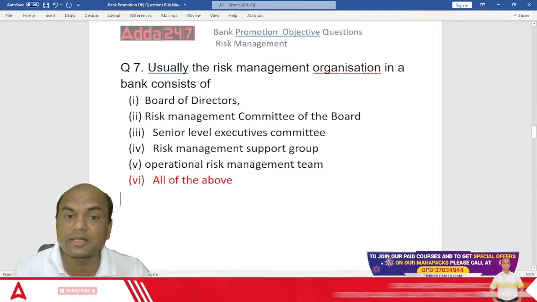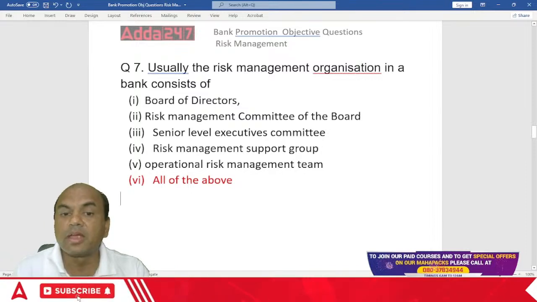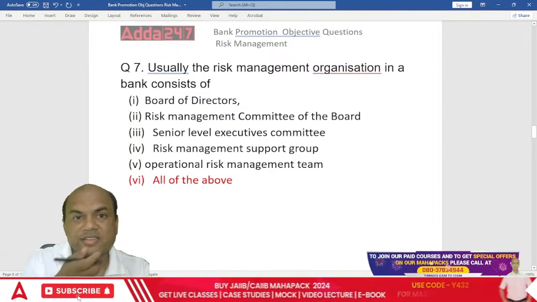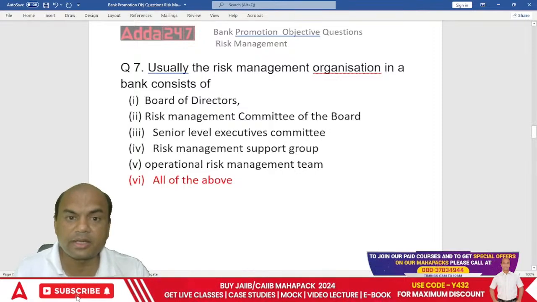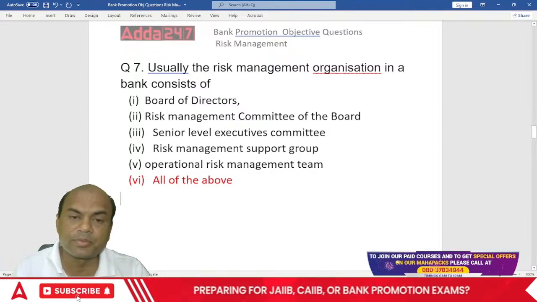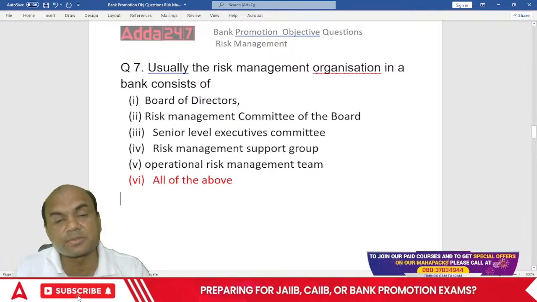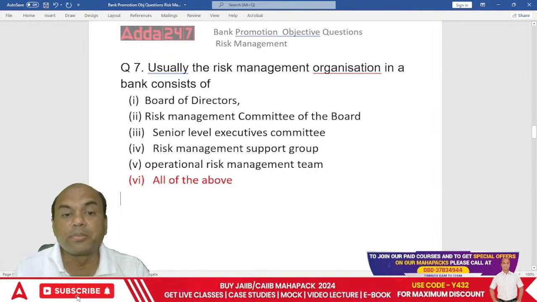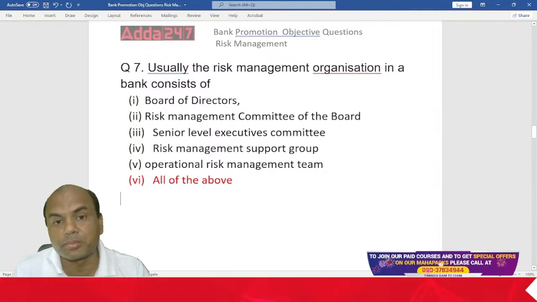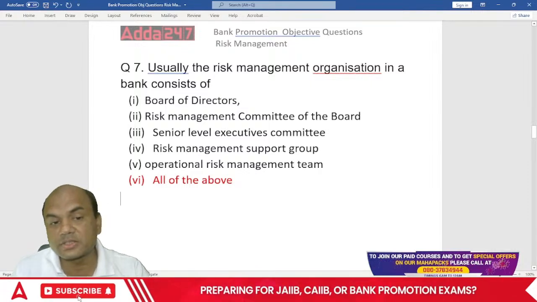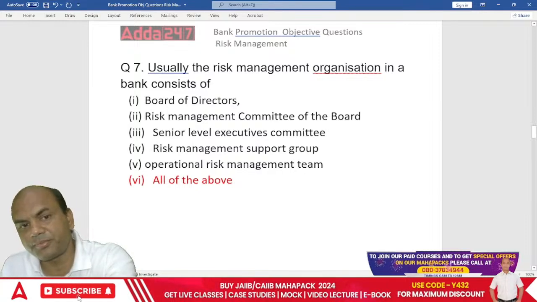Below the RMCB there is a senior executive level committee, and then below that we have 3 other committees: CRMC, ORMC, and ALCO. CRMC means Credit Risk Management Committee. ORMC means Operations Risk Management Committee, and then we have ALCO. And below that there is another group that will support these committees. So the answer is all of the above. Got it? Simple. Next one.